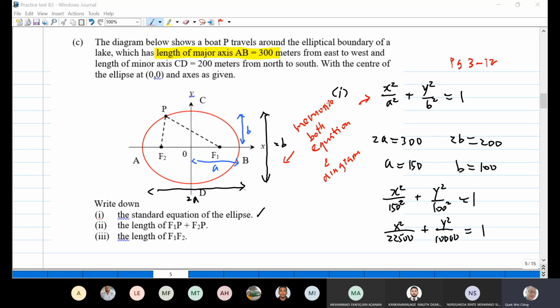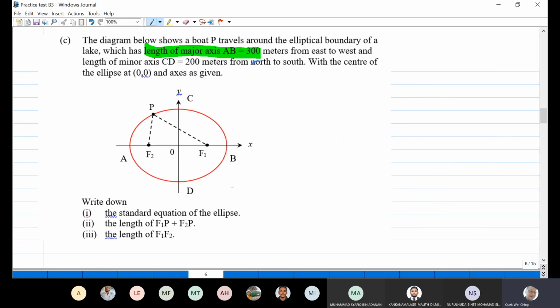Okay, so let's move on to the next part now. Next part, I find the length of F1P and F2P, right? This is actually the second part now. So where is F1P?